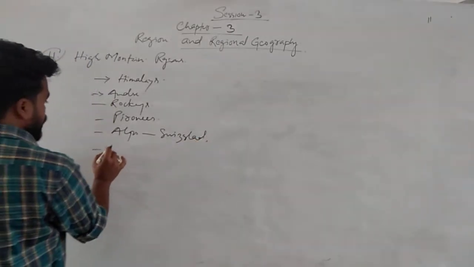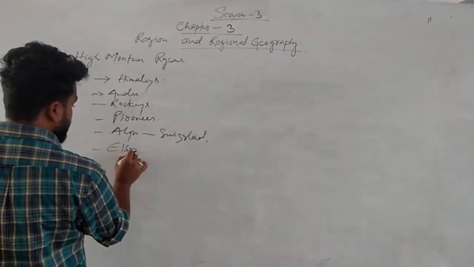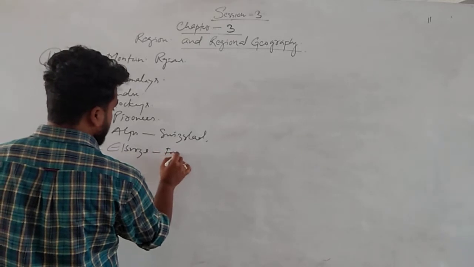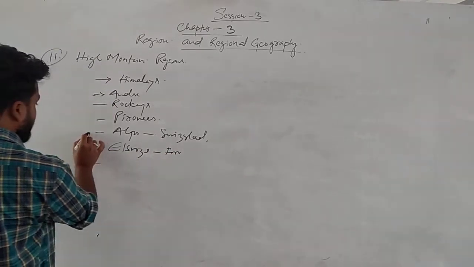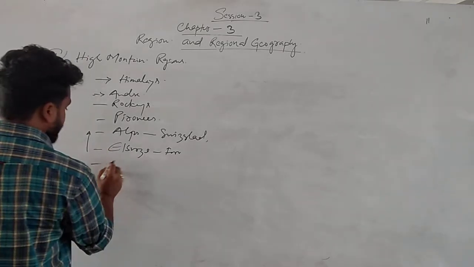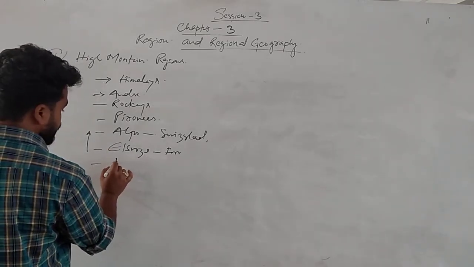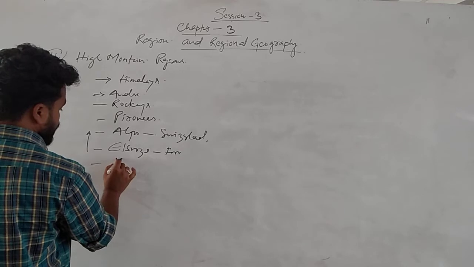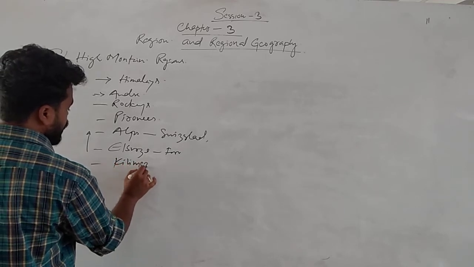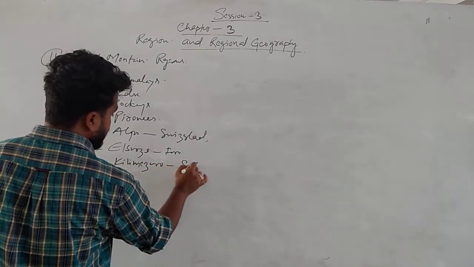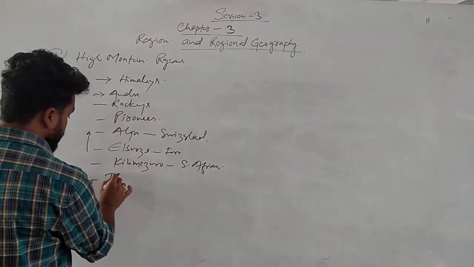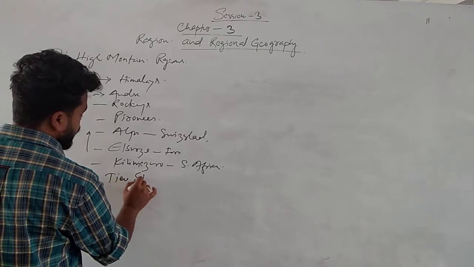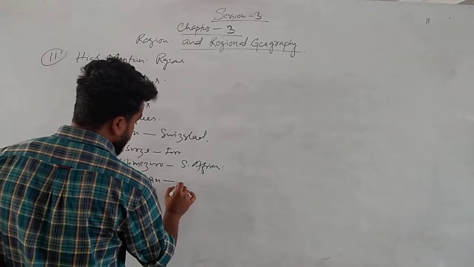Then the Elburz, that is in Europe, and Mount Elbrus is the highest point of the Alps also. Then again Kilimanjaro is in South Africa. Tian Shan is in Tibet.